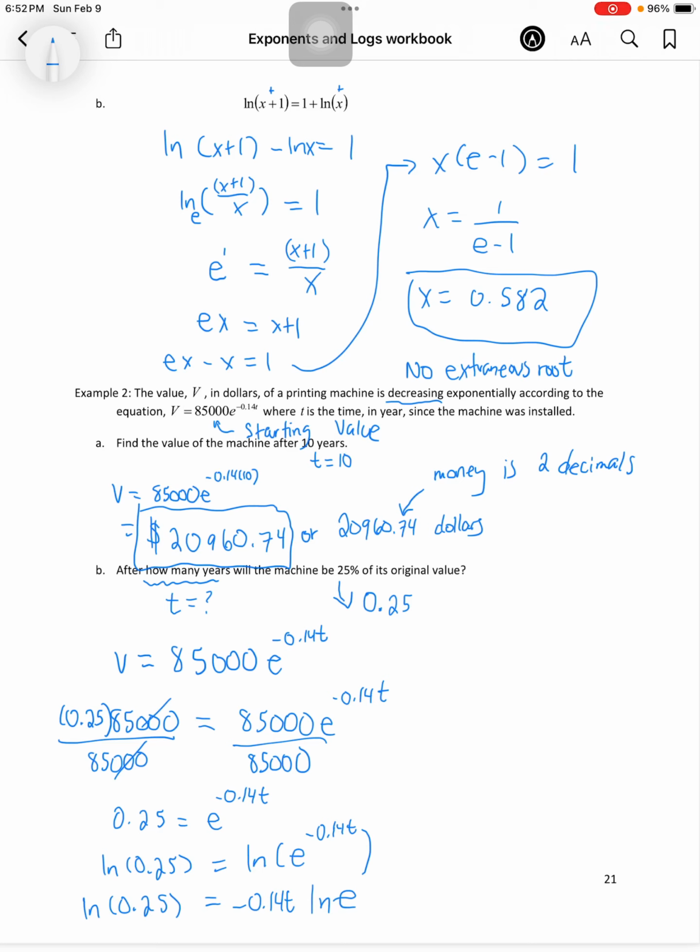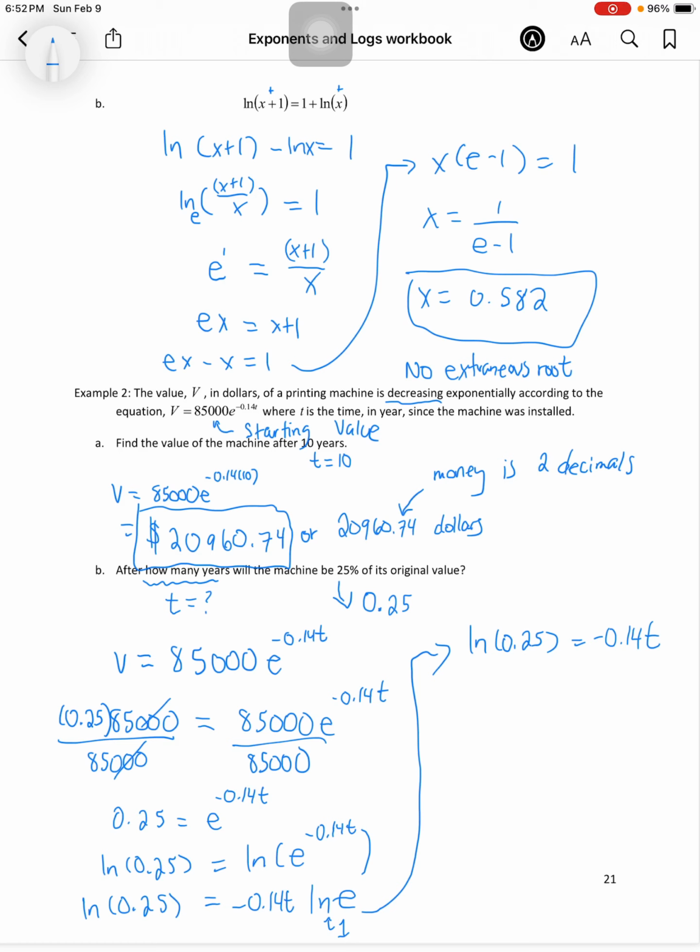But you have to remember, what is ln e equal to? ln e is equal to 1. So actually, you don't even need to rewrite that because this is 1. So now we have ln 0.25 is equal to negative 0.14 t. Realistically ln e is just 1, so you don't have to rewrite it.